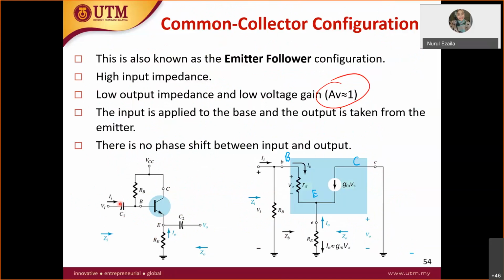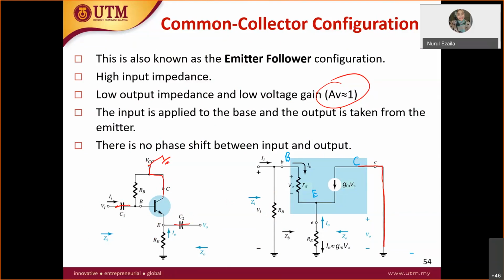Common collector means that the collector has no resistor and it goes straight to the voltage. When you convert it into the AC equivalent circuit, you have to short your capacitor and this voltage becomes grounded, and therefore the collector will go straight to the ground.